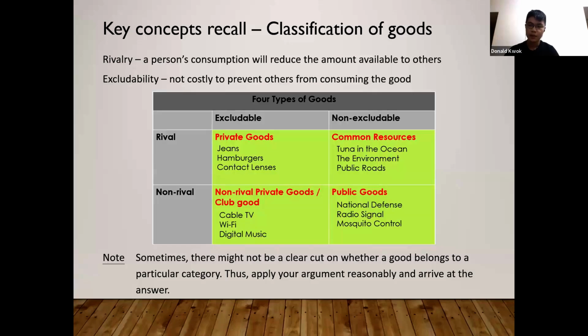So at the bottom here, I put down the note: sometimes there might not be a clear cut on whether a good belongs to a particular category. So what does it mean? Let me use an example of public road. Some people may argue that public road is a public good, while some others may argue it is a common resource. Those who argue public road is a public good may think that it is non-rival and non-excludable in consumption.